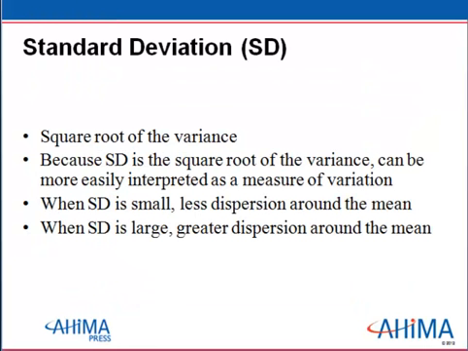Standard deviation is the square root of the variance. As such, it can be more easily interpreted as a measure of variation. If the standard deviation is small, there is less dispersion around the mean. If the standard deviation is large, there is then a greater dispersion around the mean.